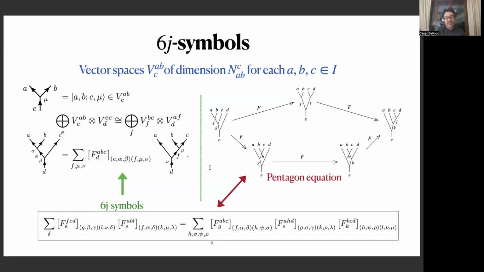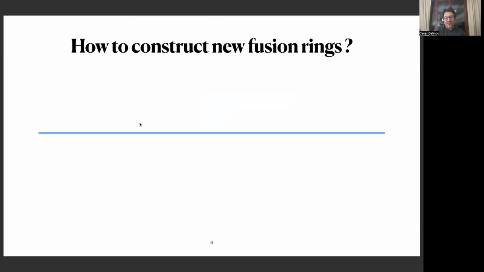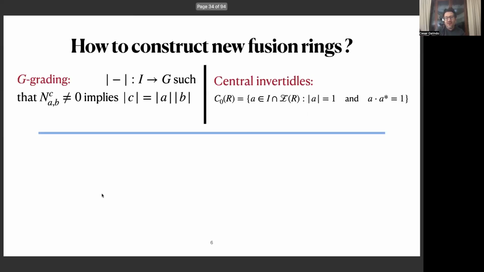So, for example, what is the idea behind this notion that we call zesting? Again, the plan is to give a method to construct new fusion categories. But before really thinking about new fusion categories, perhaps a more innocent question is how to construct new fusion rings.